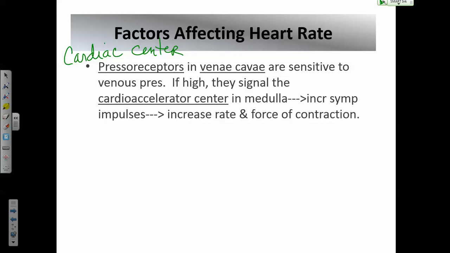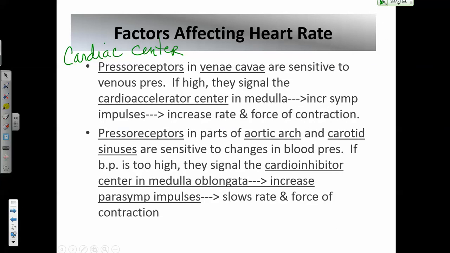There's a cardio accelerator center, and that one is going to initiate a sympathetic impulse. That makes sense. And then there's a cardio inhibitor part of it that will initiate a parasympathetic impulse. That makes sense, doesn't it? Okay. So various body conditions will activate either the inhibitor center or the accelerator center. And that's what this is talking about.